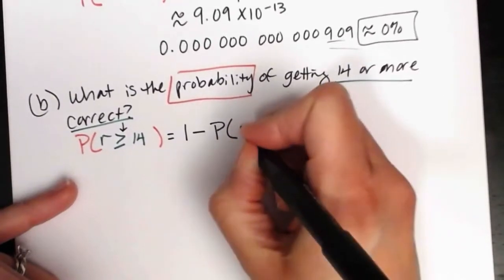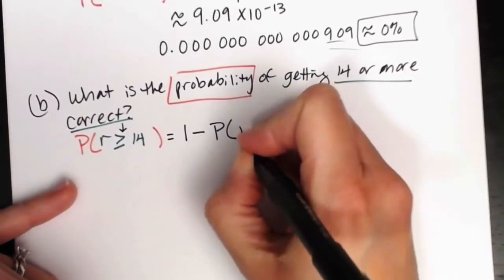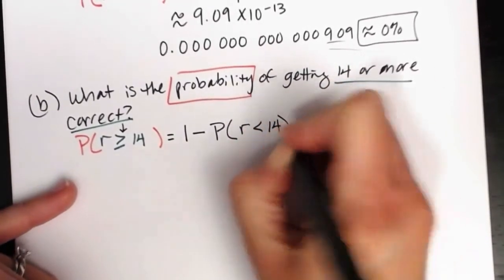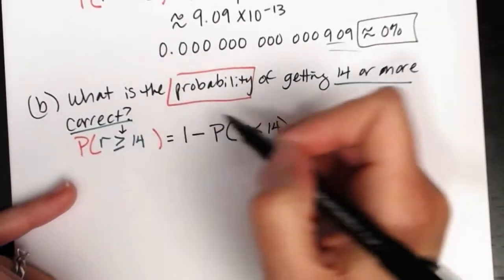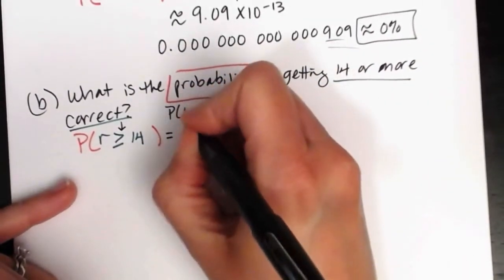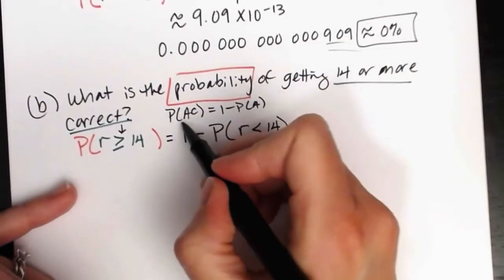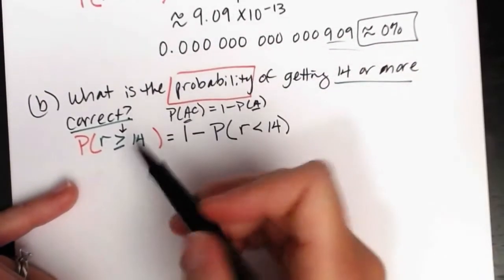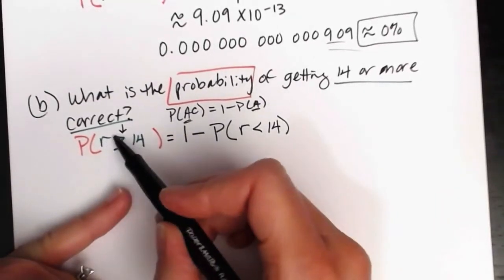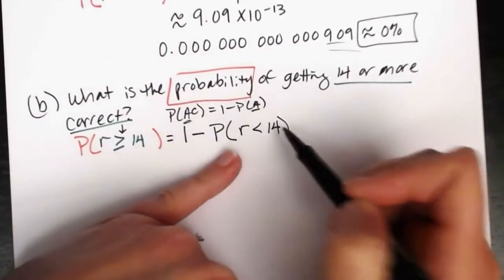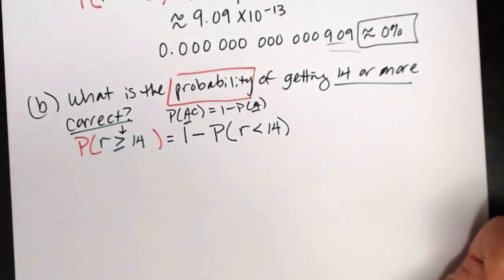In other words, 1 minus the probability that r is less than 14.